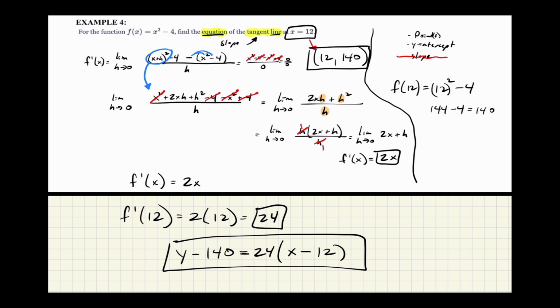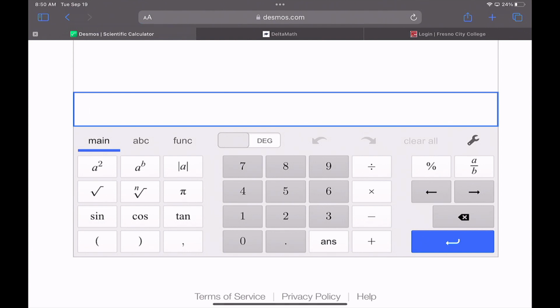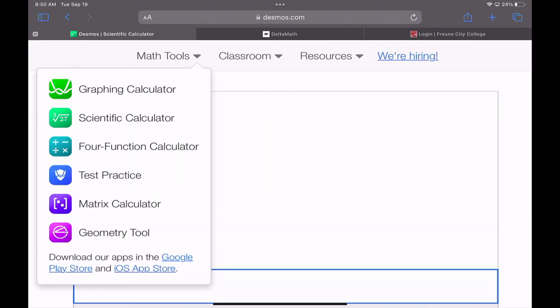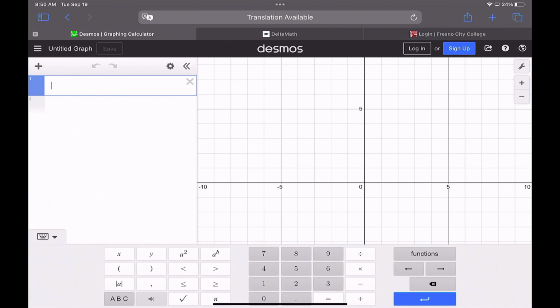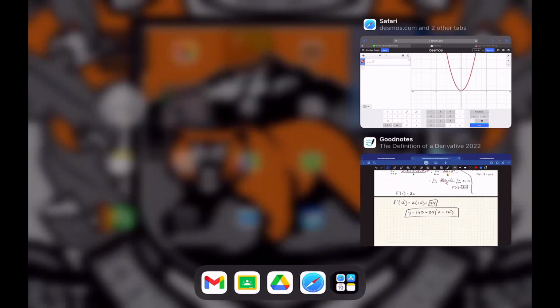If I was to graph that line, I'll show you. Let's see here. So we have y equals x squared minus 4.